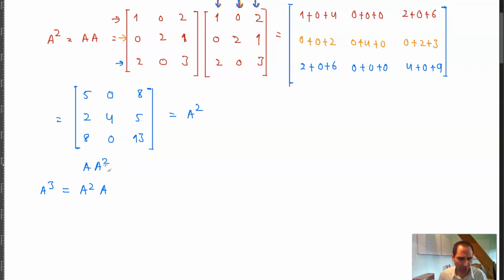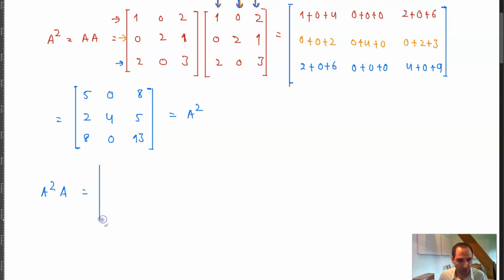Matrix multiplication is not necessarily commutative, but it seems that when you multiply the same matrix by itself over and over again, it doesn't change. Or let's see if it does or if it doesn't. So I'm going to calculate A squared times A first, and then we will swap it around, see what happens.